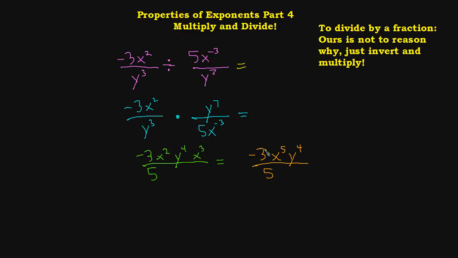And again, since the top is negative and the bottom's positive, I could just move that negative sign out in front, and maybe I'll do it just for good measure, so that I can show you that if you had to match this on a test, the answer might look like this, and I'd like you to know that. You should be able to match that up, whether the negative sign is here, or here, or here. All right, hope you enjoyed that.